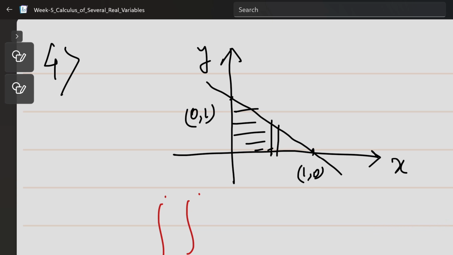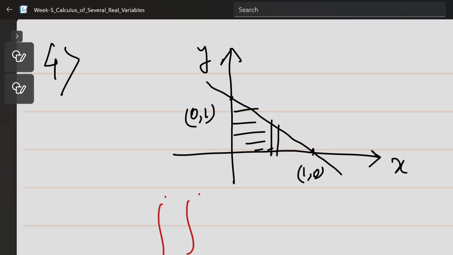A triangular region cut from the first quadrant of the xy plane by the line x plus y equal to 1.